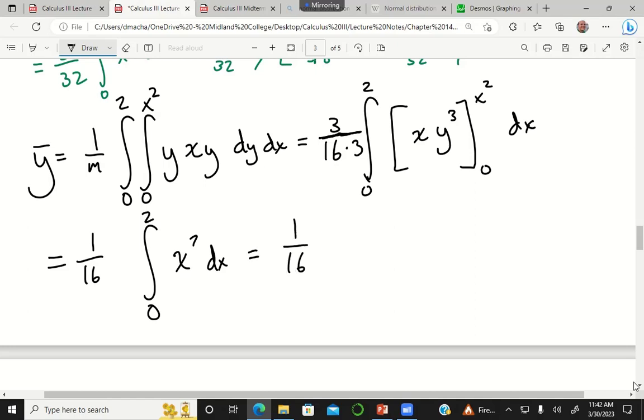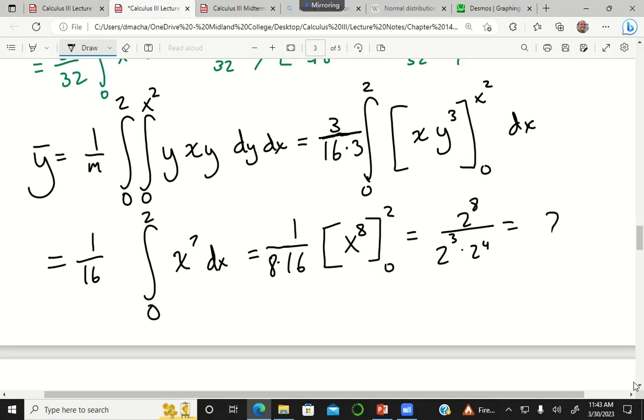And then that's going to become x to the 8th in there. And of course that means I have to divide by 8. So that'll be 8 times 16. So 8 times 16 is really 2 to the 3rd times 2 to the 4th. And then this is going to be 2 to the 8th. So I think the answer is 2. Yeah. Okay. And that should be the y coordinate of my center of mass.